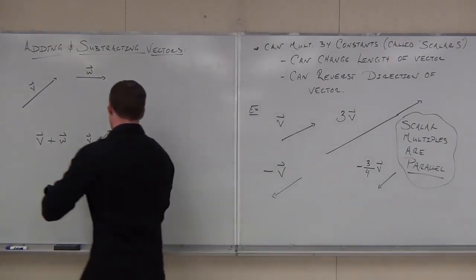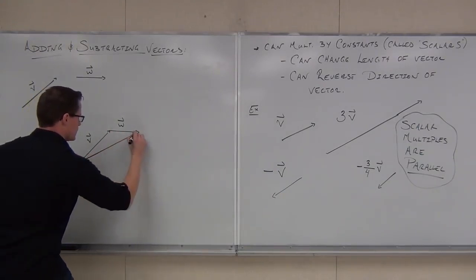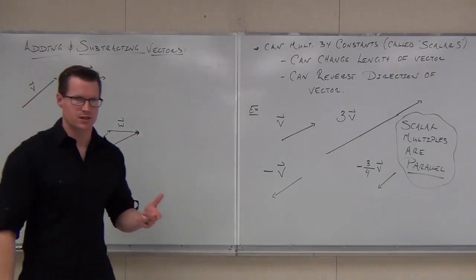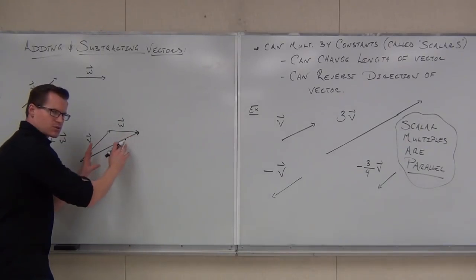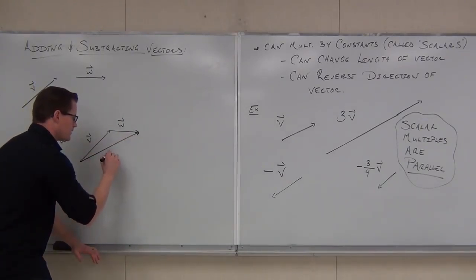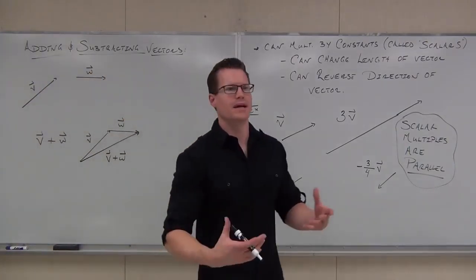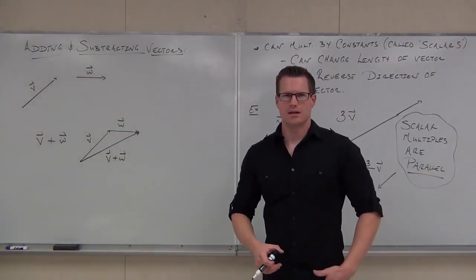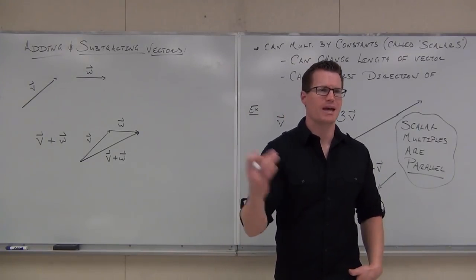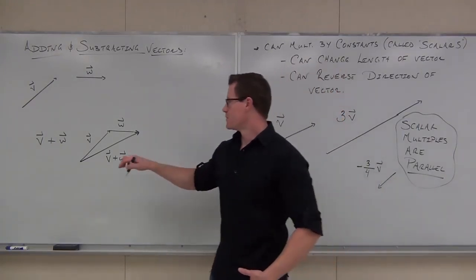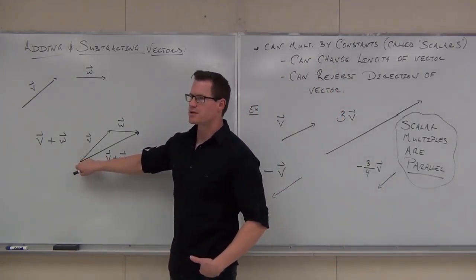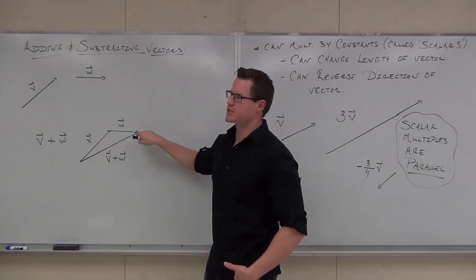Essentially, I'm ending up going from here to here. That's what vector addition does. So this right here, this resultant vector, this is V plus W. That's what that idea is. Quick hit, if you're okay with that one. So basically put them end to end and draw from the initial point of your first vector to the terminal point of your second vector.